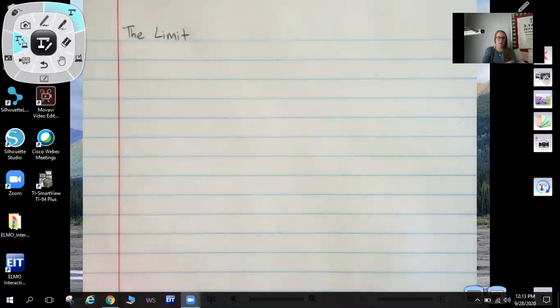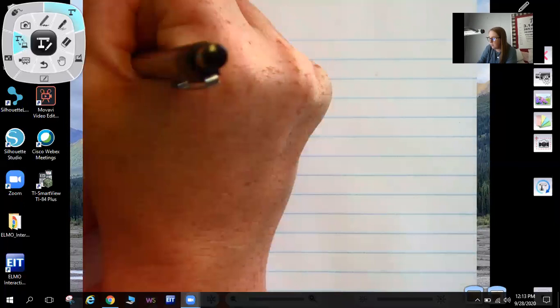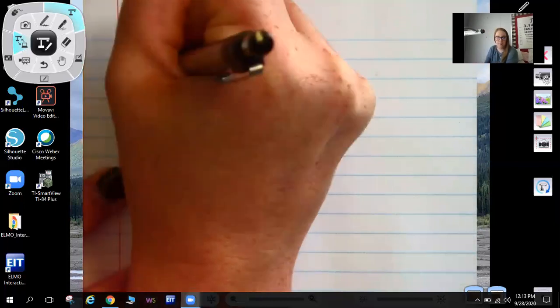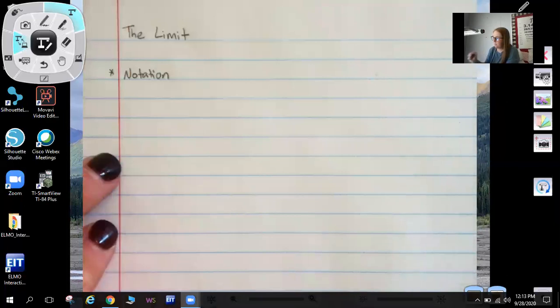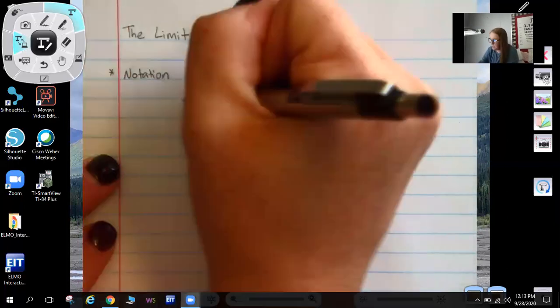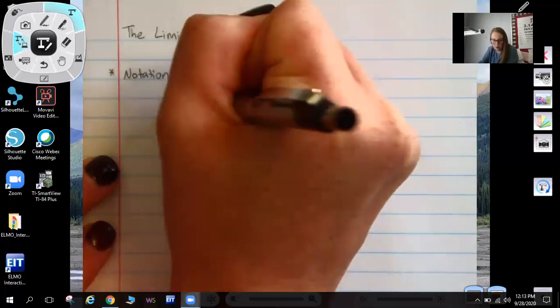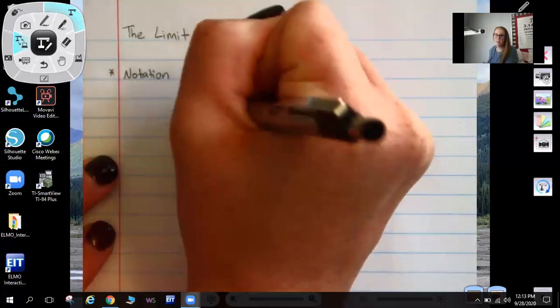So the notation for taking a limit is going to look something like this. The limit as x approaches 1.